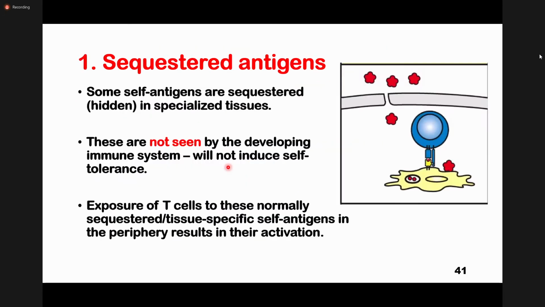When we talk about sequestered antigens, some self-antigens are sequestered or hidden in a specialized tissue. We have those antigens in our tissue, but they're hidden, not seen, so they will not induce self-tolerance. Exposure of T cells to these antigens will cause a reaction.